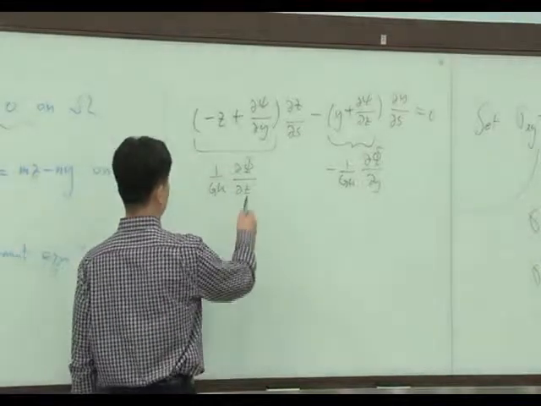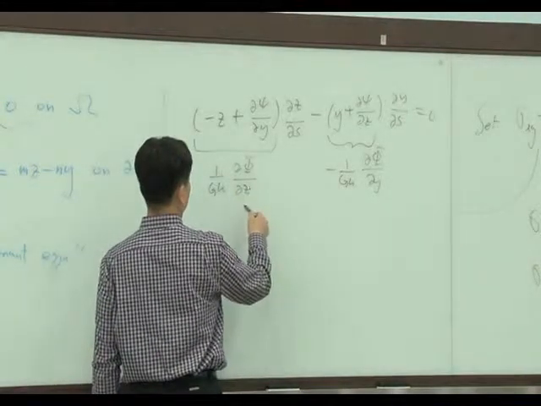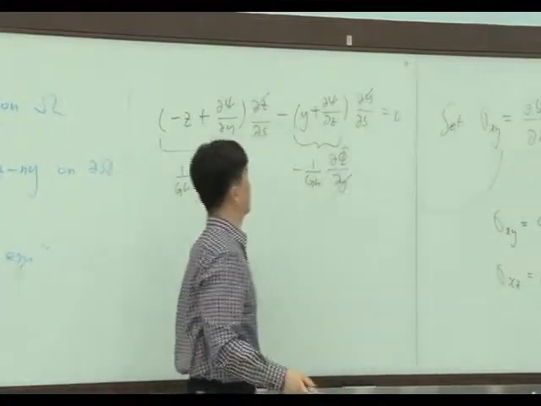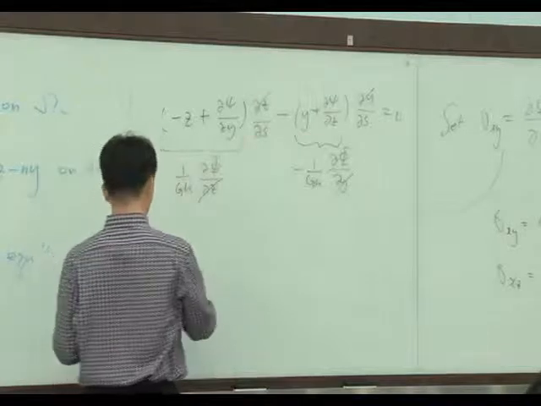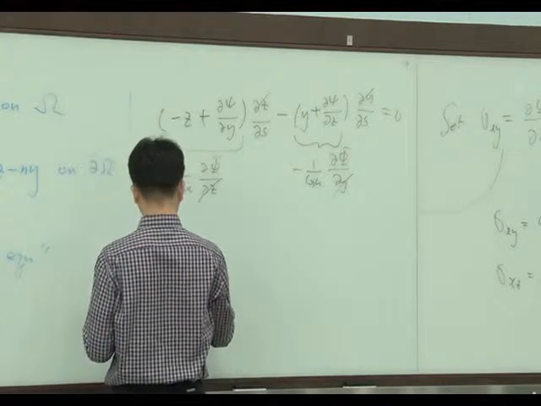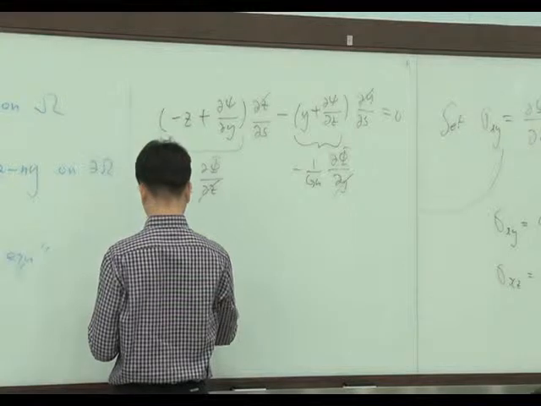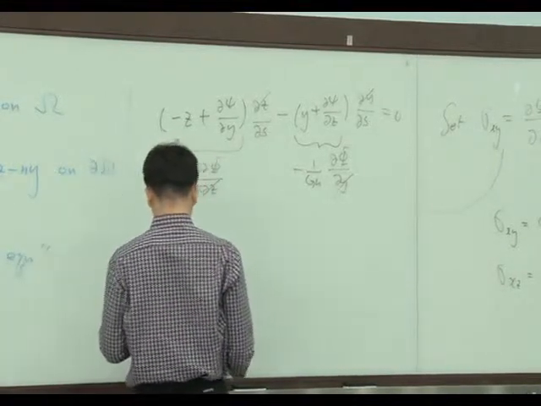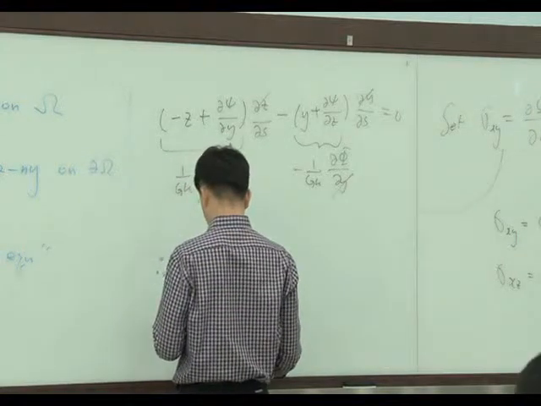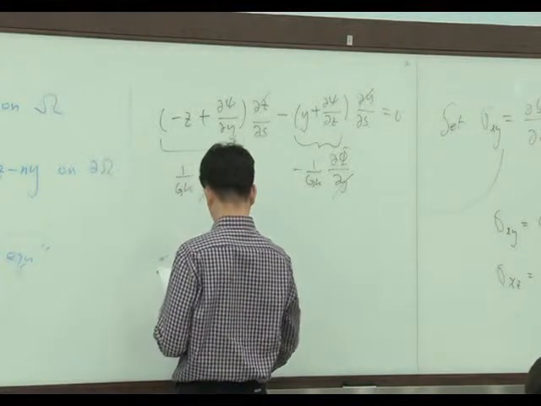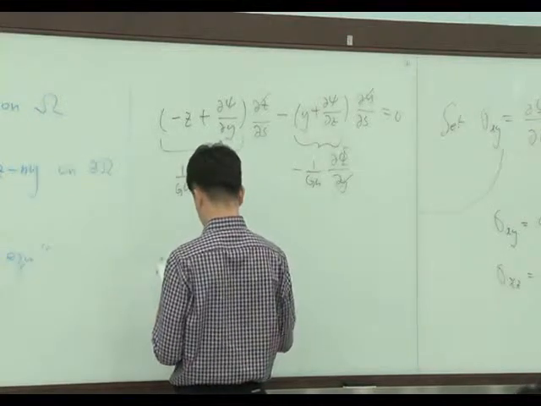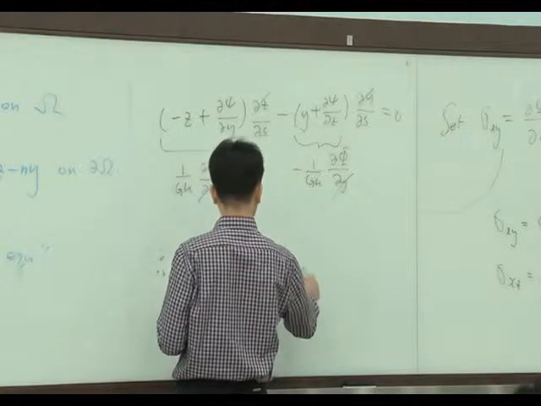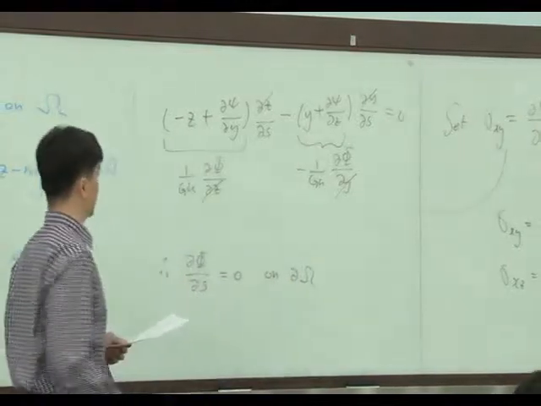Then let's look at here. Here partial g, here partial g, partial y, partial y. So finally, on the boundary, s plus, on the boundary s equal 0 on boundary, right?